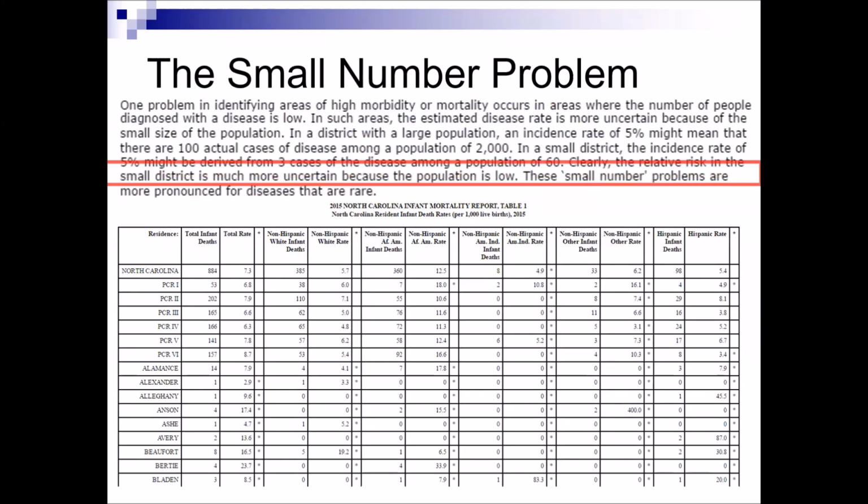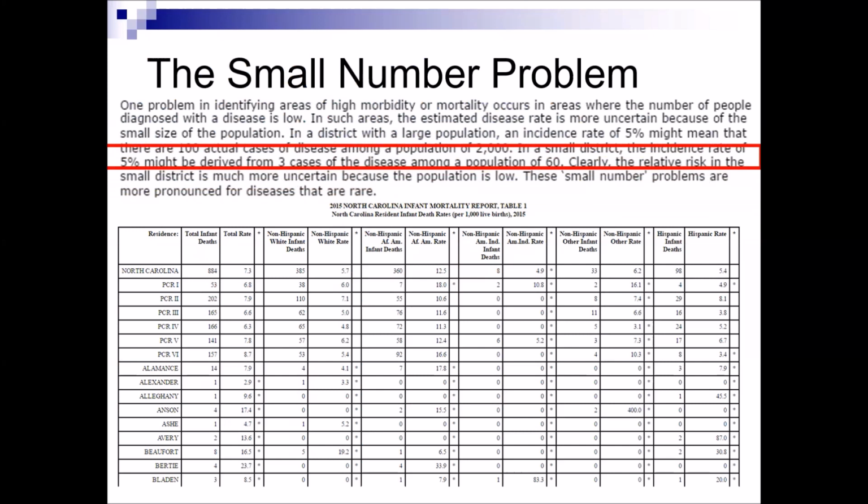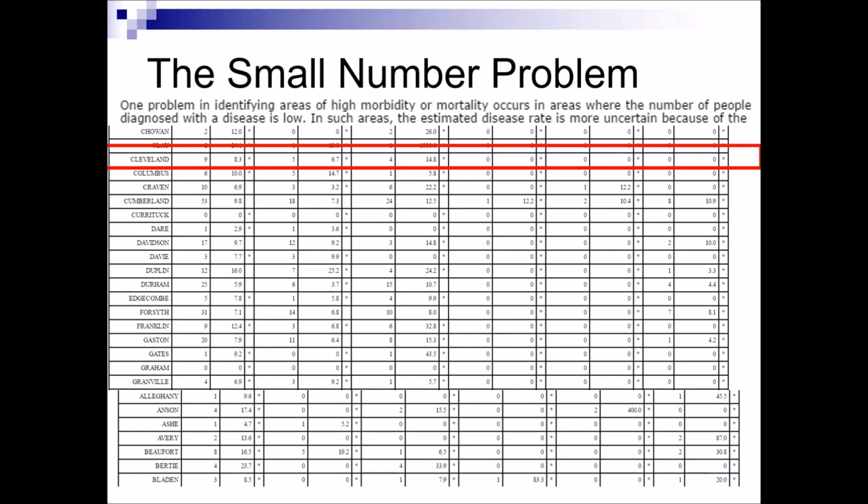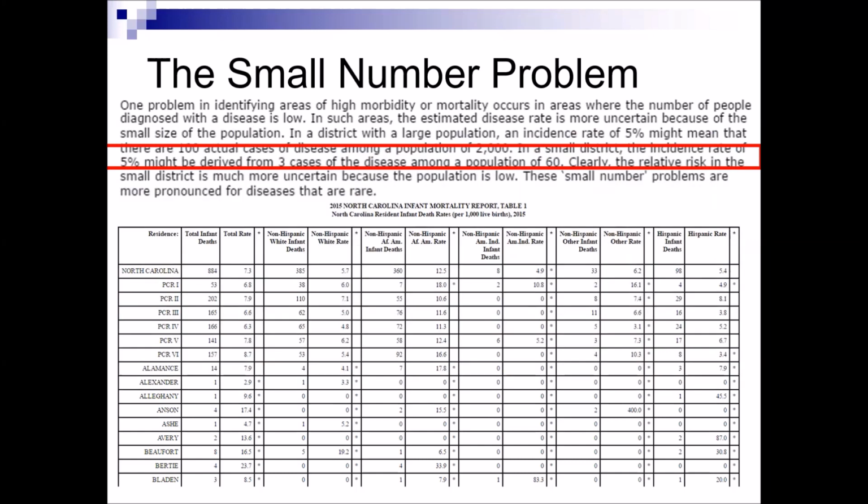Other thing we run into, small number problem. These are some data from the North Carolina Vital Statistics Database about infant mortality rates. A lot of times you might see a star or 0 values, where we see really, really high infant mortality rates.